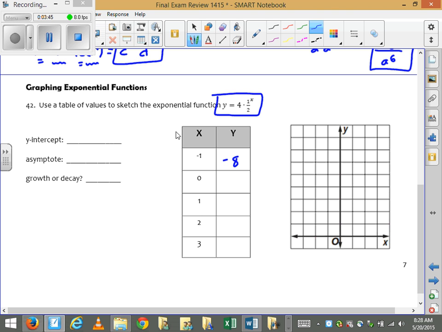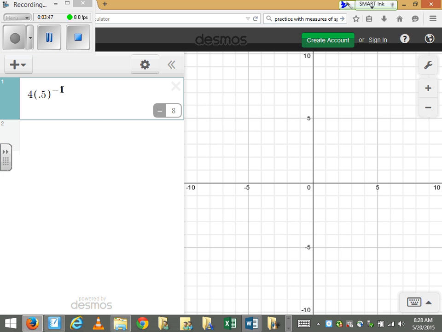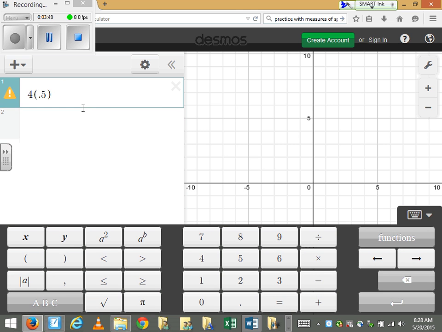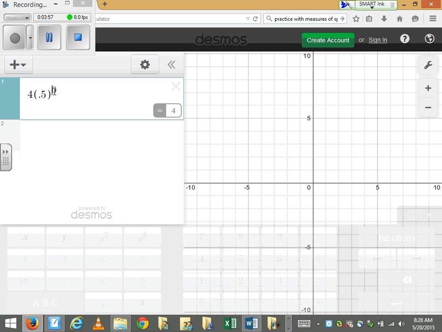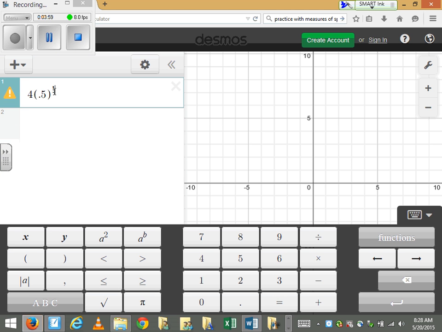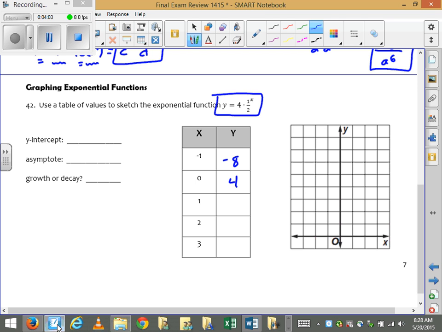Desmos is very powerful in the sense that we can just go in and delete this and raise it to the 0, so that's 4. I can just keep using the same thing, put the 1 there, so that's 2. You start to probably see a pattern. Oh, actually, I don't know why that's just 8. Apologies, I wrote the wrong number in there.